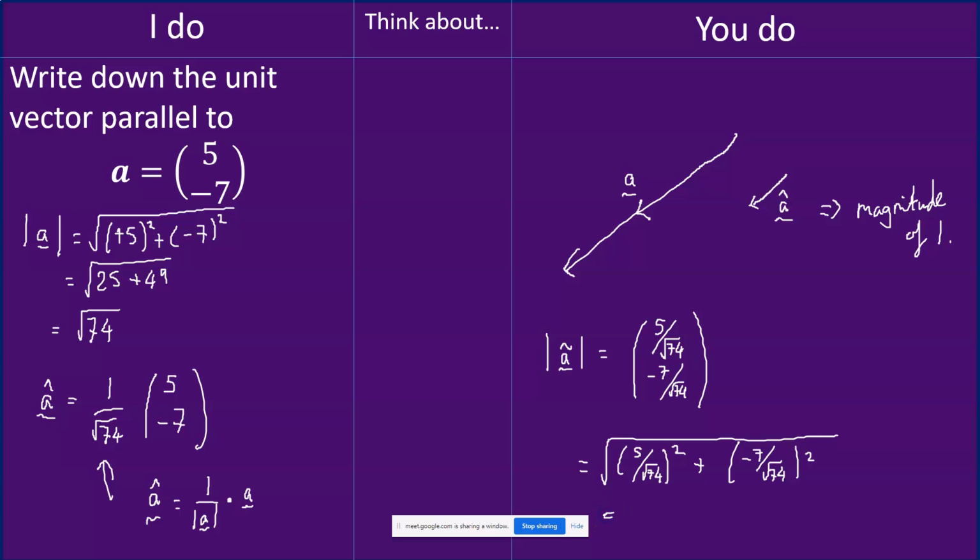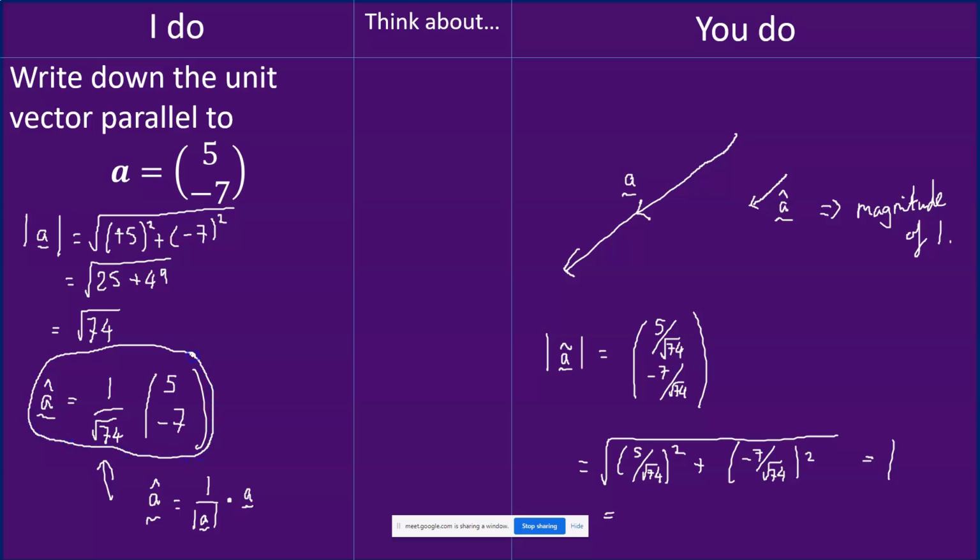So it's going to be shift, and I've gone for 5 over shift ants squared plus minus 7 over shift ants. Make sure I square the bracket, and there we go, it comes out as 1. So my answer is there.